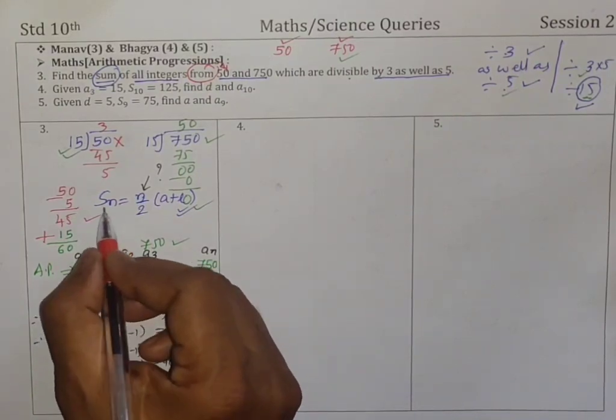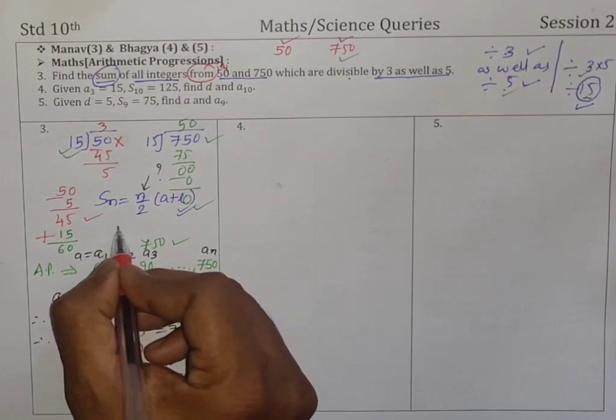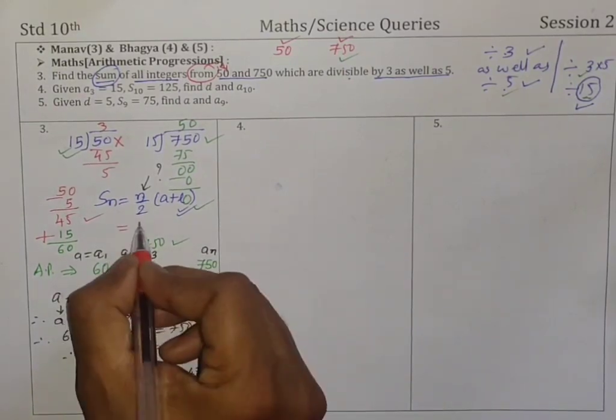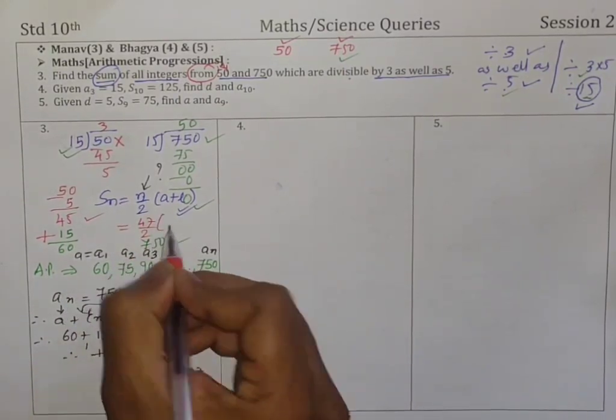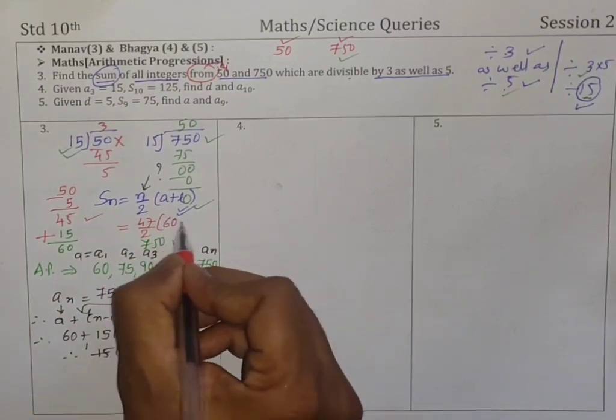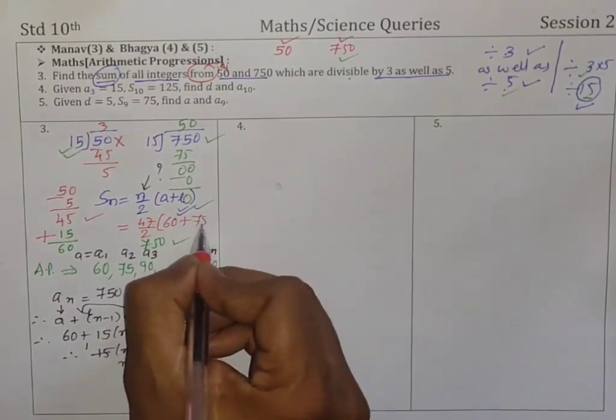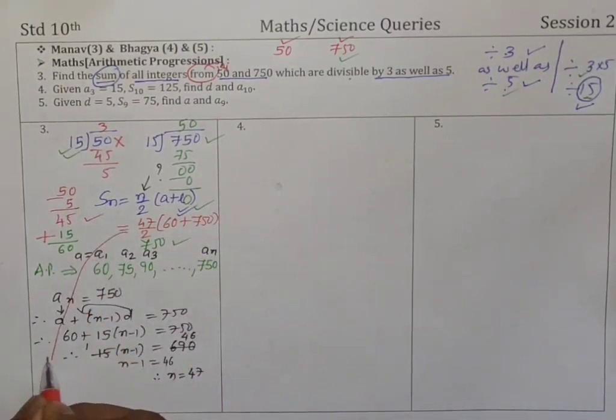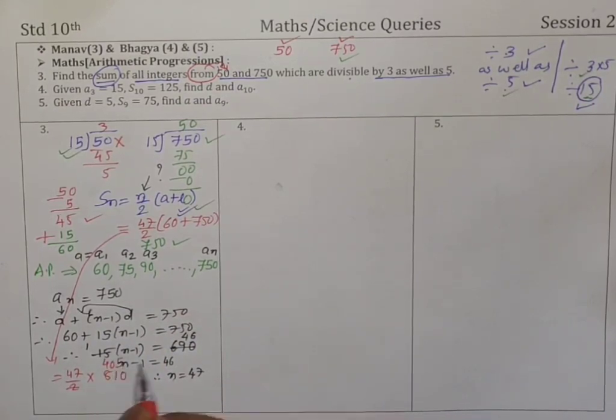Now your final goal. I'm writing it here. Sn is equal to n by 2 into a plus l. You got n. 47 by 2 into a, that is 60, plus last term, that is 750. Yes, the calculation continues here. 47 by 2 into 810, which is 405.